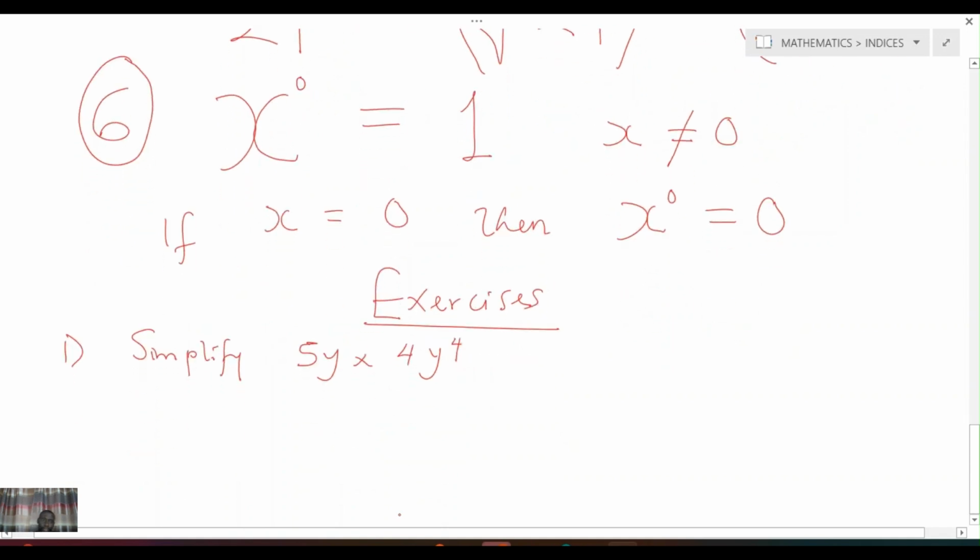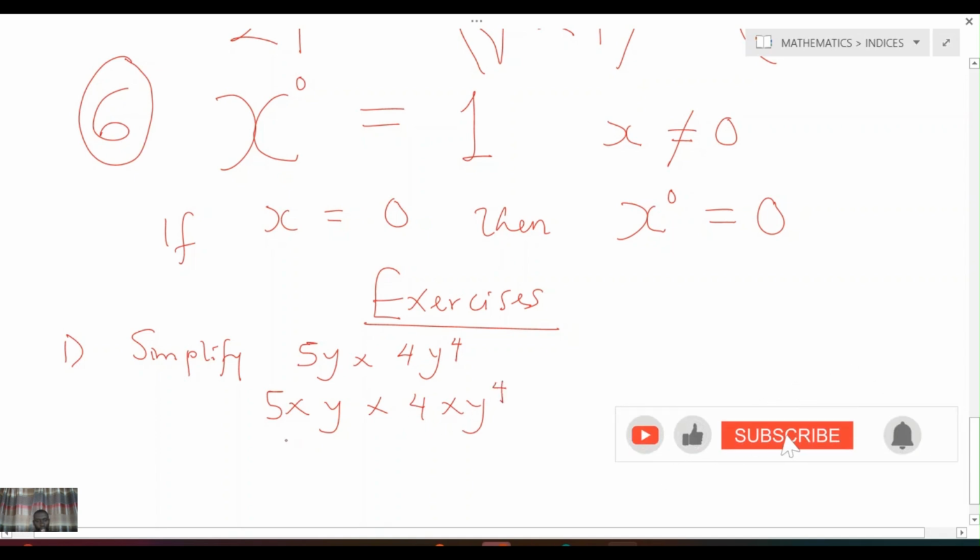Let's look at it. This can be expressed as 5 times y times 4 times y raised to power 4.